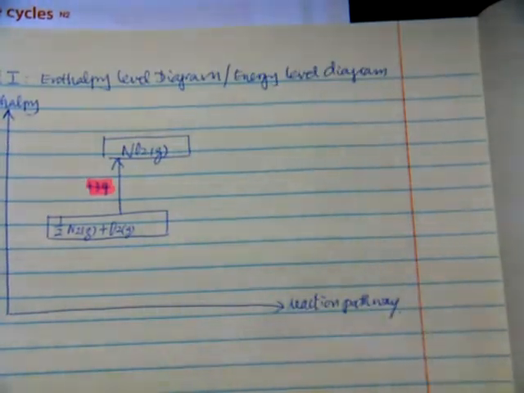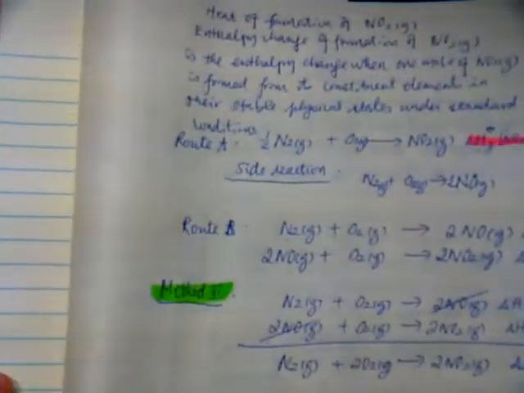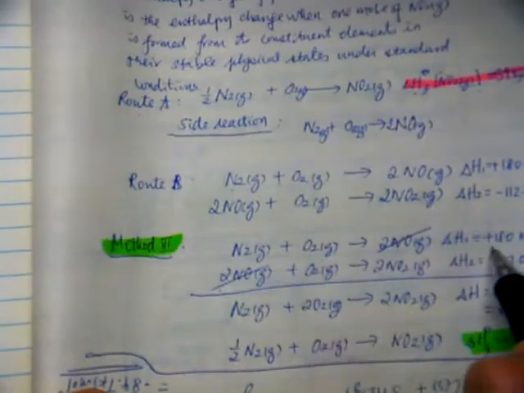Then how about route B? It is route B. N2 and O2, it is an endothermic process.